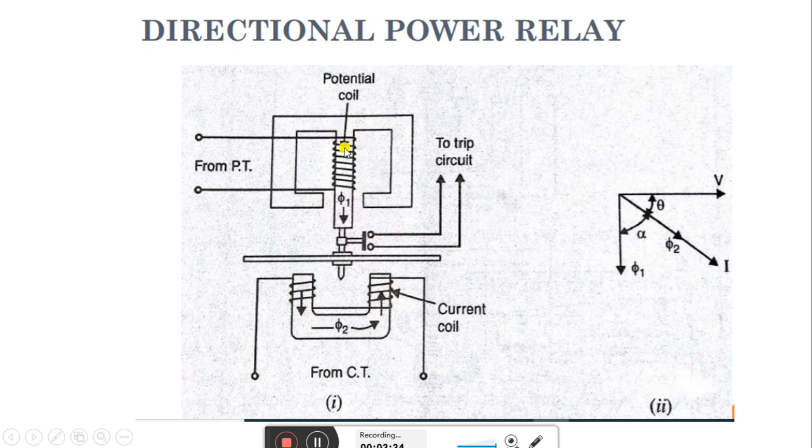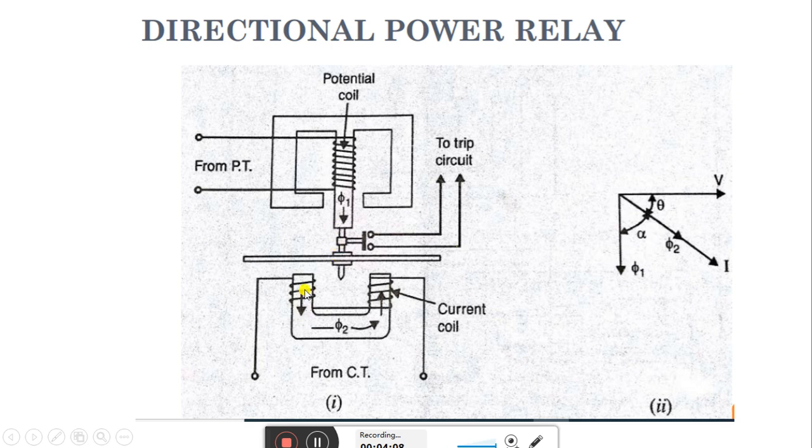In the upper electromagnet we have provided a potential transformer winding. This winding is acting as a voltage coil or potential coil, which produces a flux phi1 flowing across this aluminum disc.